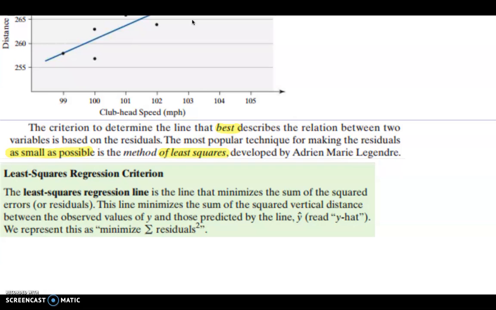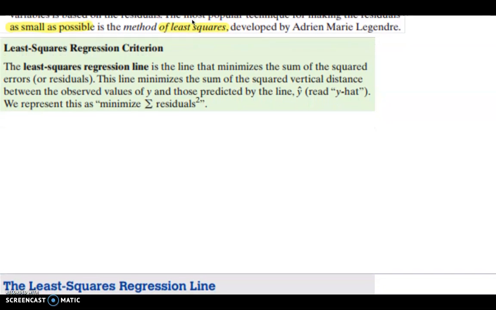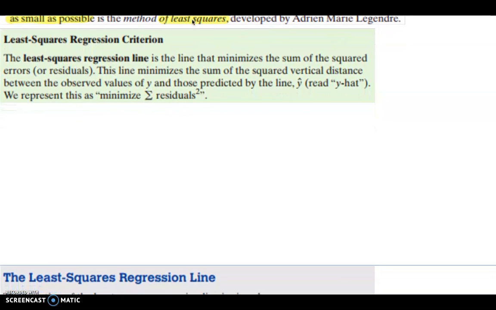Okay, and it was developed by Adrien-Marie Legendre. I'm terrible at pronouncing names. But so here's the criteria for least squares regression. You're not going to have to actually know the inner workings of the math to come up with the least squares, because that's calculus, and most of you probably haven't done that.